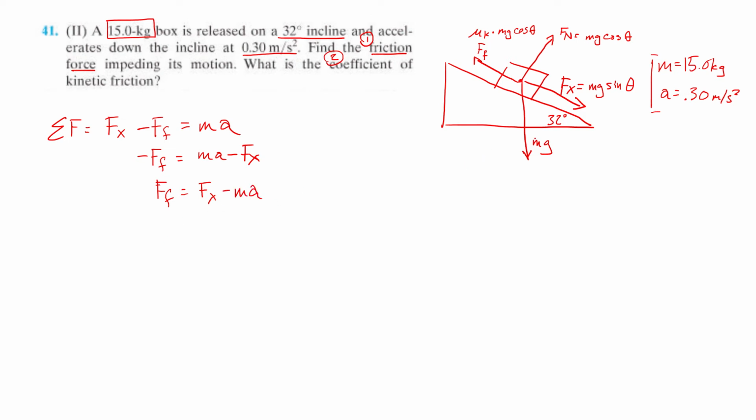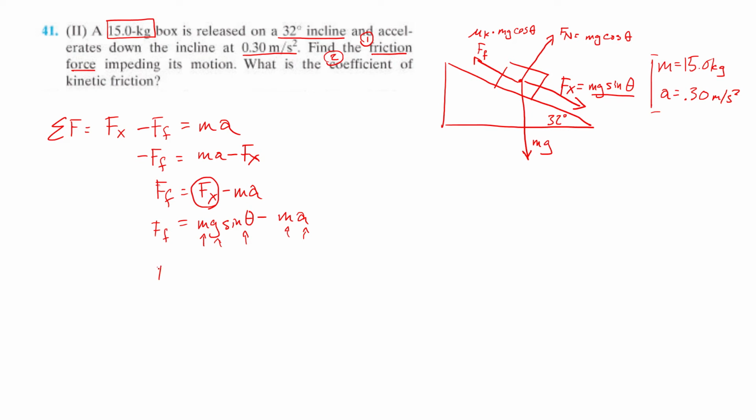Let's start filling this up. F_x is actually mg sine theta, minus m times a. I know a mass, I know gravity, and sine theta is just sine 32. I can fill in all of these things.